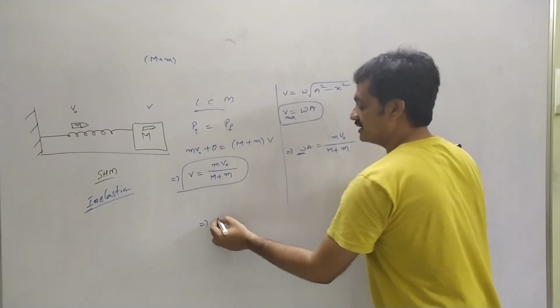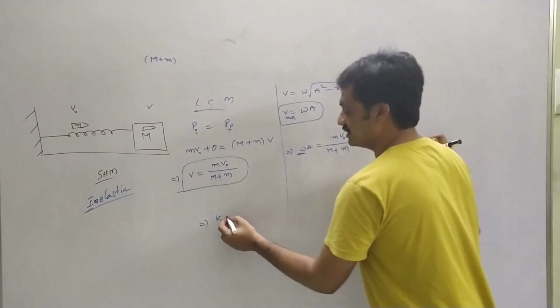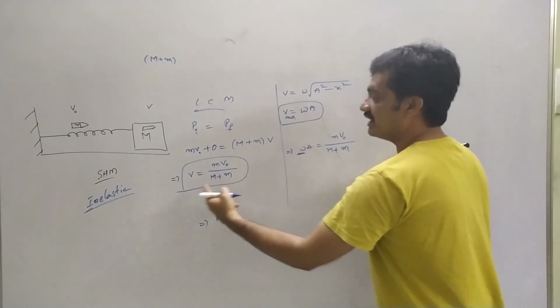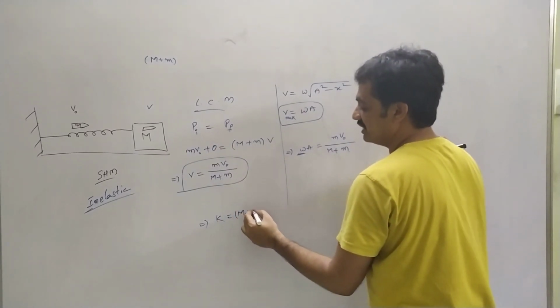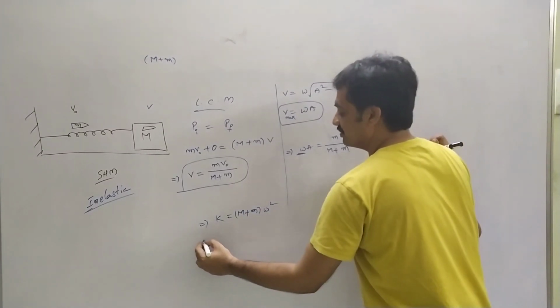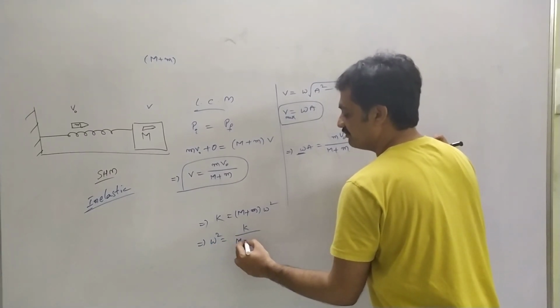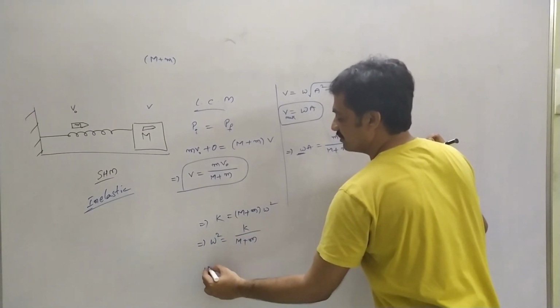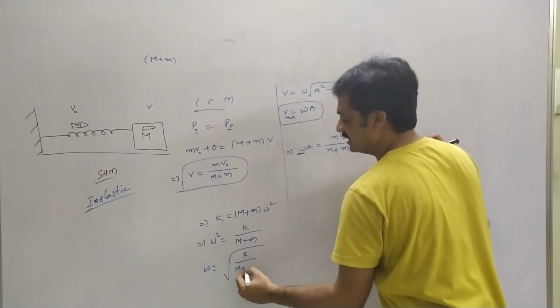We compare with the force constant k, where we know that k equals m omega squared, where the mass of the system is (M plus m). So omega squared equals k by (M plus m). Then omega equals the square root of k by (M plus m).